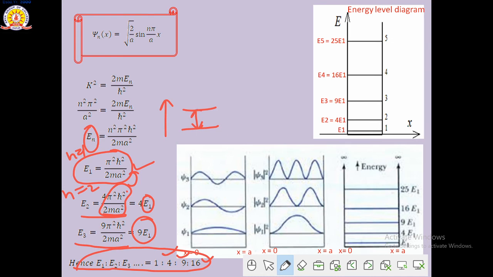That's why I am drawing the energy level diagram of the given equation. In that diagram, that is the ground state energy, this one is the first excited state energy, and this one is the second excited state energy. The separation between the energy levels gradually increases, so that separation should increase in your diagram.